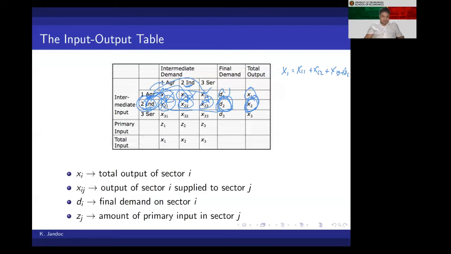Okay, so this is what these entries are in this table. Now Z1 over here is the amount of primary inputs of agriculture. Z2 is the primary inputs in industry, and Z3 is the primary input in services.